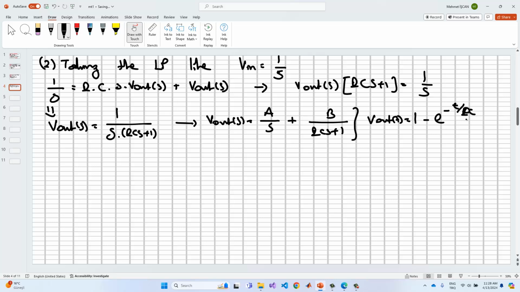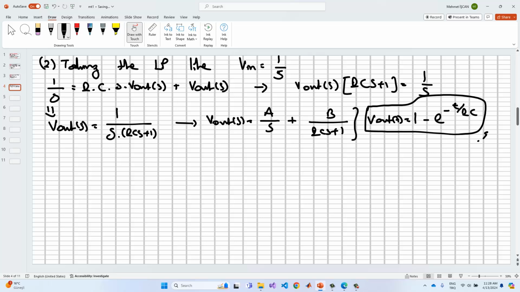Okay? This is the solution for the V out equation in here. But this is found using the Laplace transformation perspective.